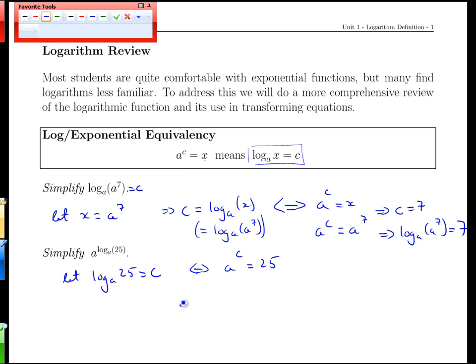Well, c is log base a of 25, and we get right back to our 25. So again, it's sometimes easier to see as an inverse relationship. If we start with 25, take the log, then use that as an exponent, we get back to the value we started with. So this inverse relationship is what's manifested through these two equivalent relations here.